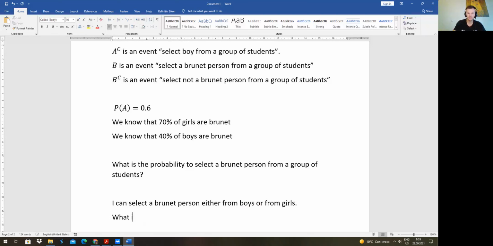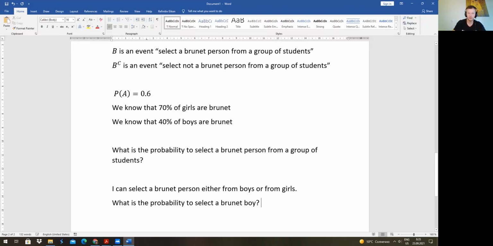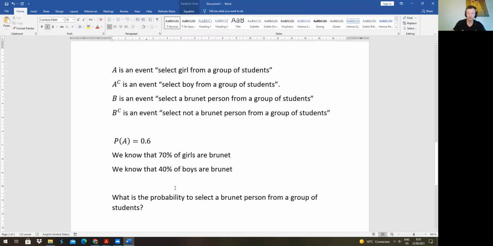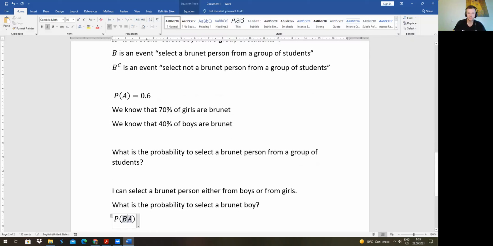Formally, in the language of probabilities, this is the probability of B given not A, right?